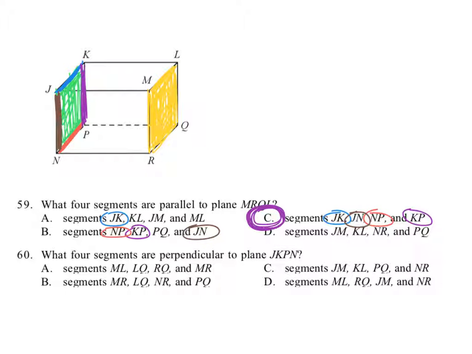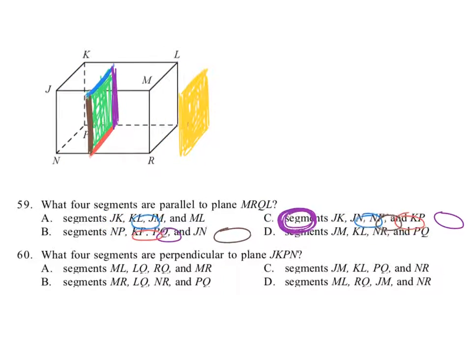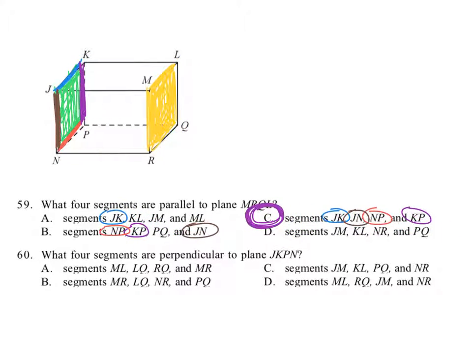Now, what four segments are perpendicular to plane JKPN? JKPN is the green plane. Let me see if I can. Weird, interesting.